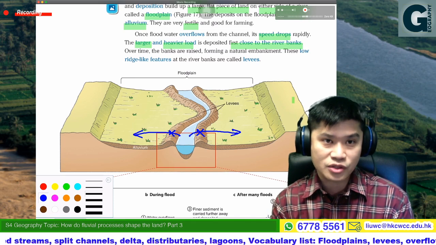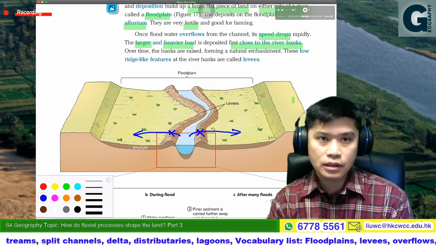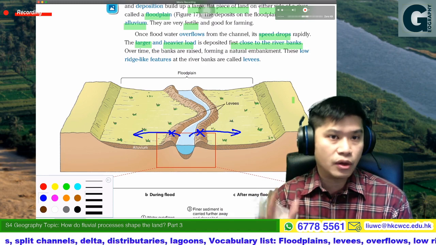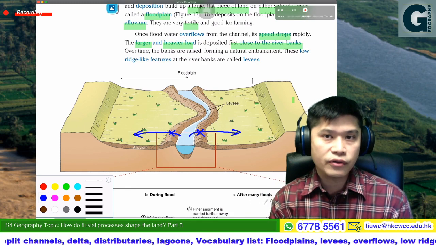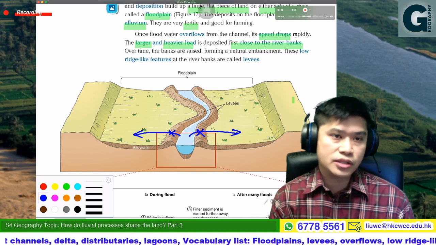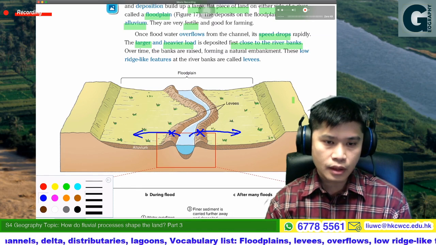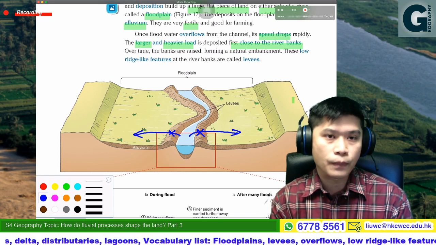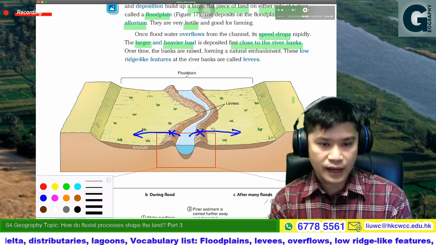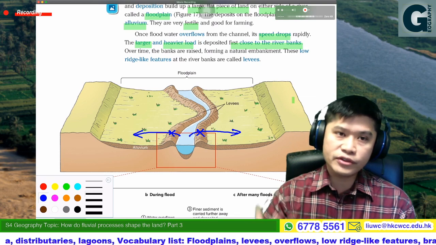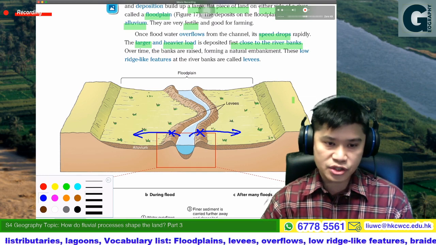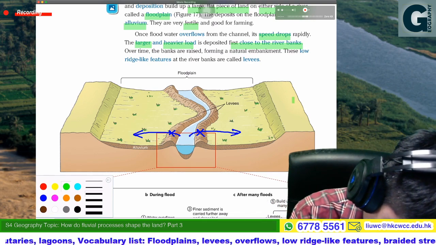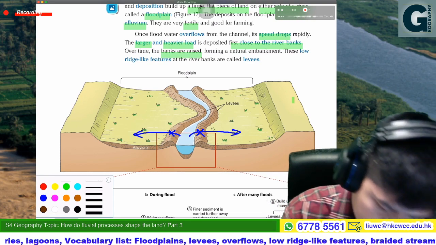It is because when the water overflows, it loses energy. Therefore the largest load would deposit first, close to the river banks. So over time, with repeated deposition, you can see the banks would be raised.